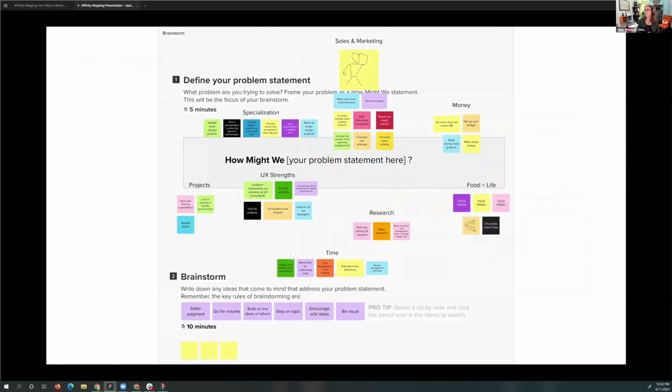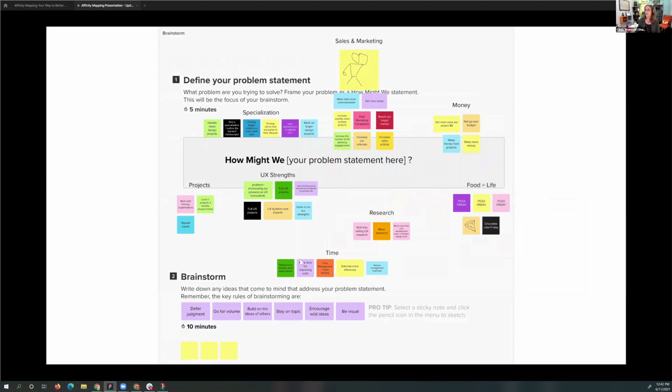This was a brainstorm that I did with my team, where we were really working on defining a new focus for our agency. We had been trying to be a one-stop, all marketing type shop. And at this point, we really wanted to narrow down what it is we were going to be talking about on our website.